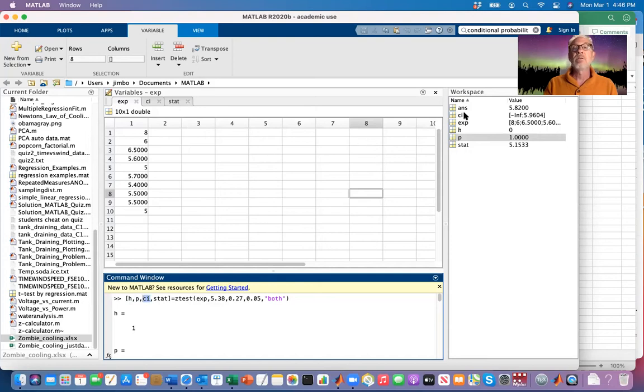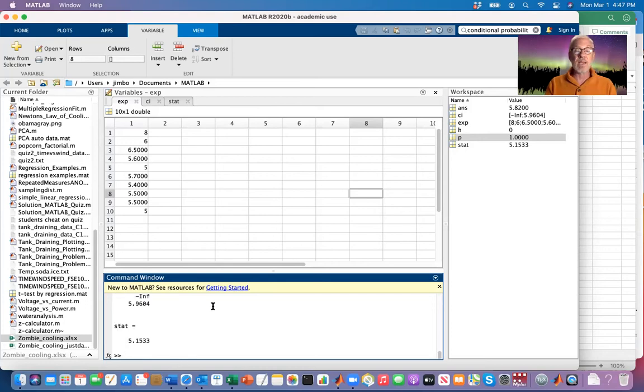The confidence interval, the range of values that we'd expect the mean of the population that this came from to fall in 1 minus alpha percent of the time, and then the actual value of the statistic. Okay, that's a Z-test using our sample vector, mu, sigma, alpha, and then whether we're doing a two-tailed test or a one-tailed test. And back down here you can see we did a right tail test and we did a left tail test. Okay, that's the Z-test.